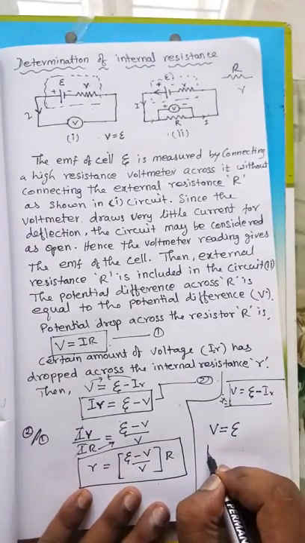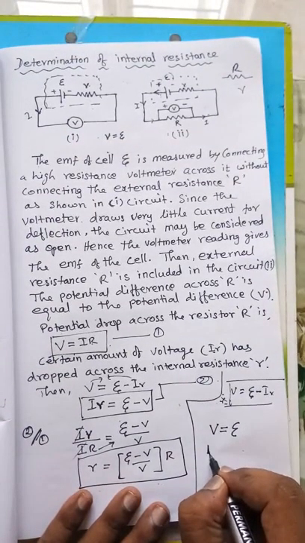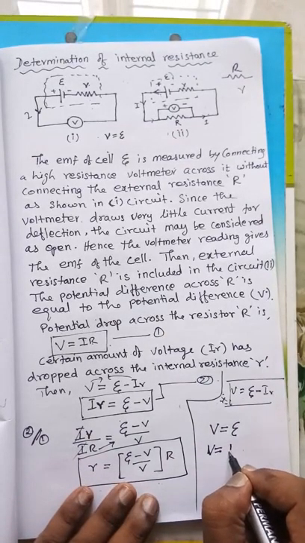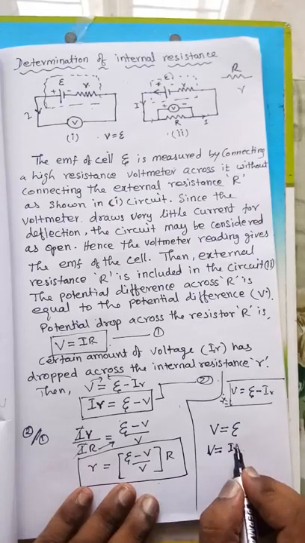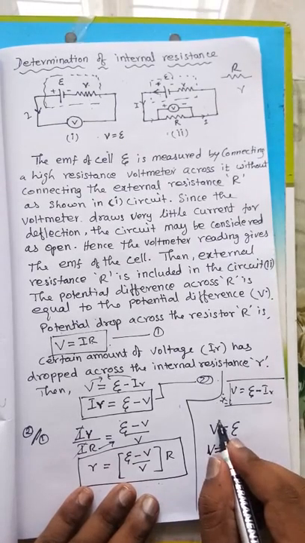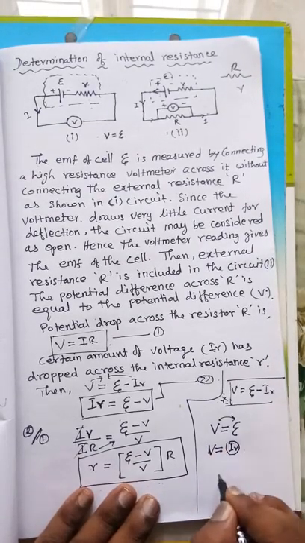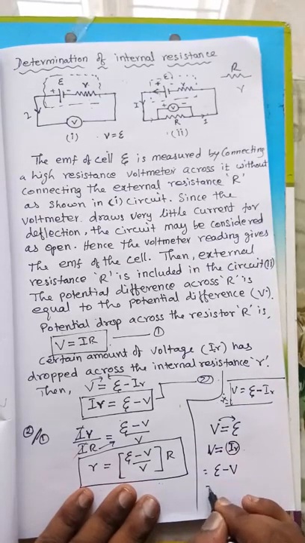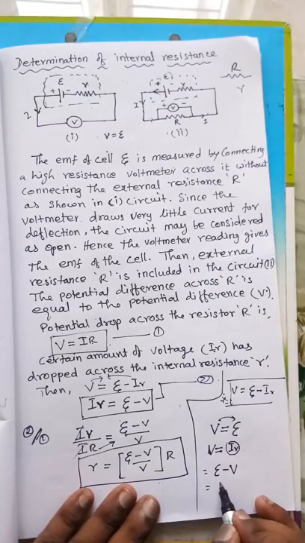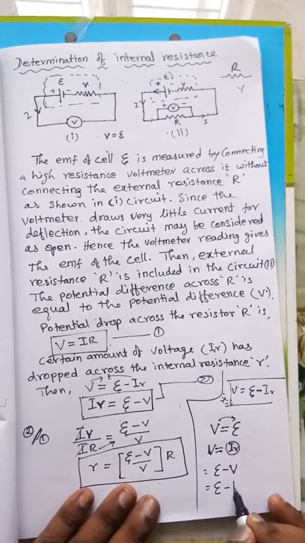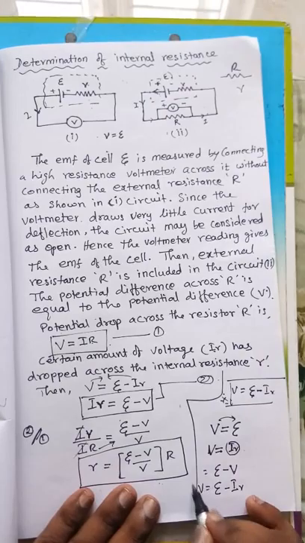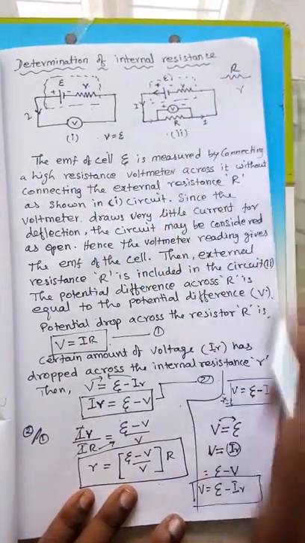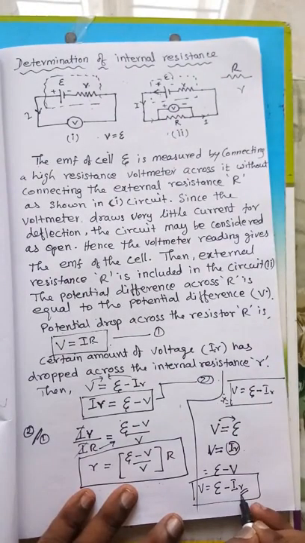If you use an external resistance, there is some potential drop, and that drop is I into r. So E minus V is nothing but Ir, the total potential in the second circuit.